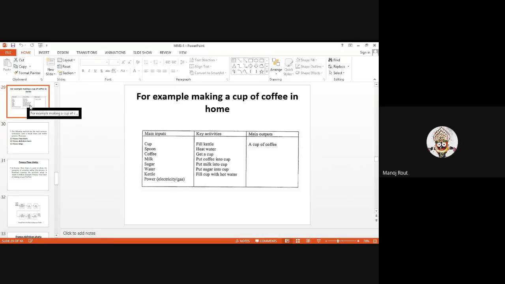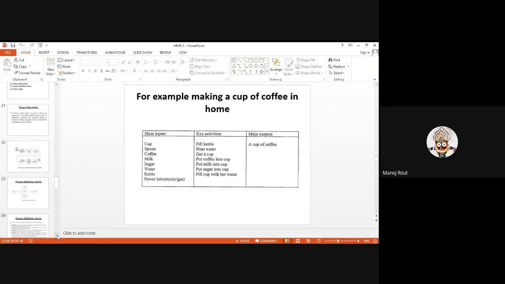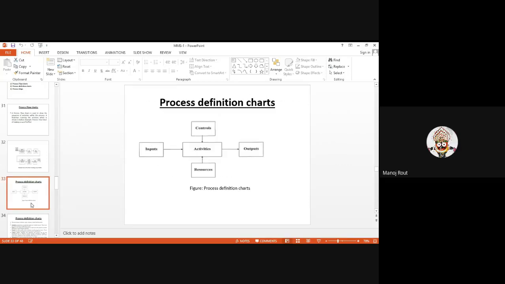So your question is, in your previous slide, the inputs contain milk, sugar, all the things.